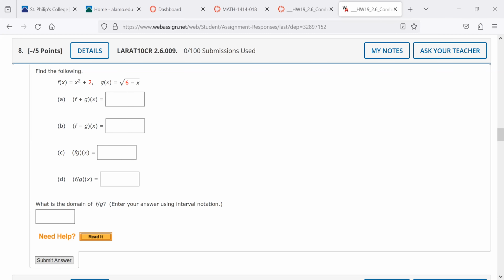So the domain for D. First of all, the function is going to be this. So what is the domain for G?